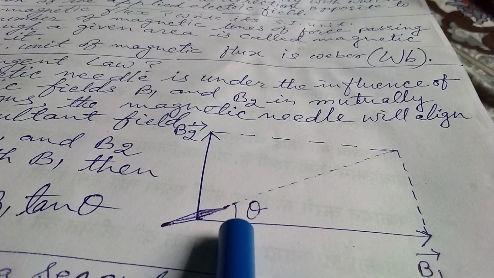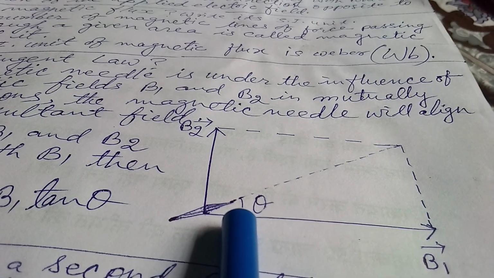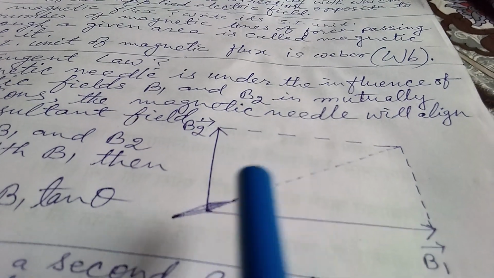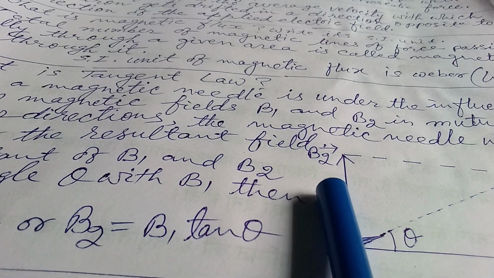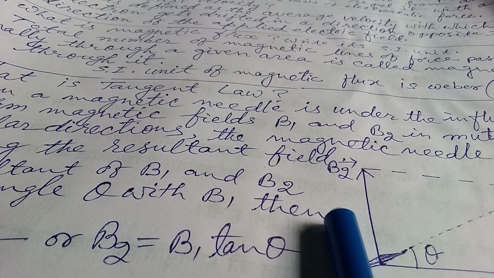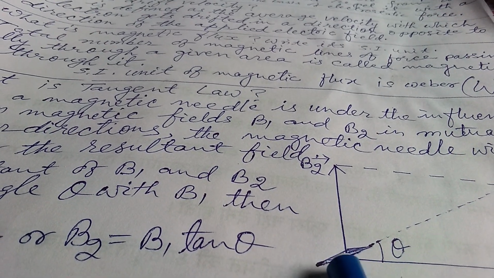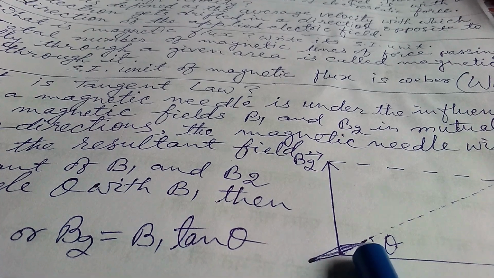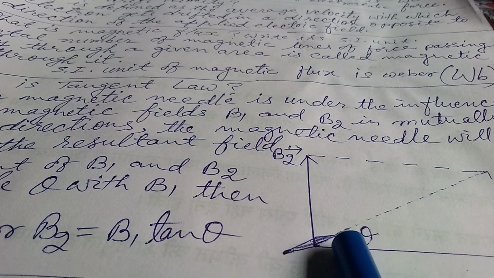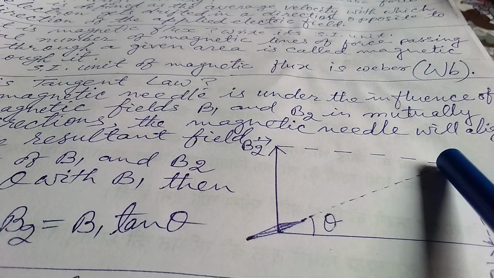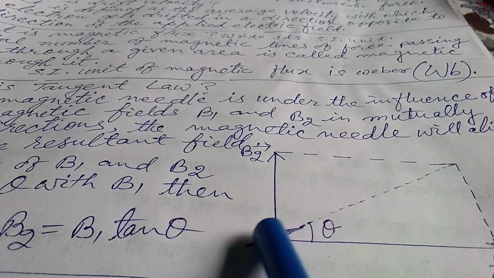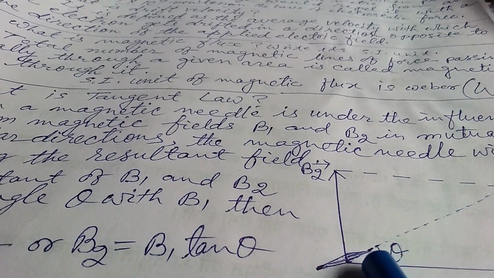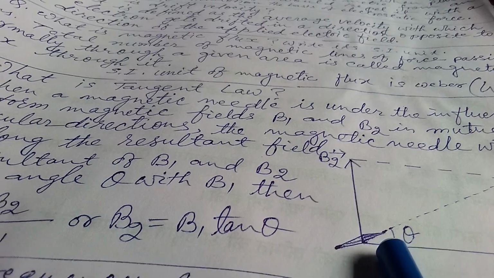So B1 and B2 are mutually perpendicular, this is the magnetic needle, and this is the resultant field, making theta angle with B1.